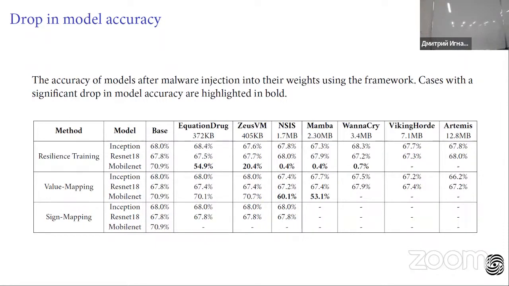On the small ones there is a significant drop of the accuracy. For the value mapping, the drop of the accuracy for the small ones is way better. For the large and medium, with percent mapping, there is no drop of the accuracy, but because we need a large number of parameters, the method cannot embed much of the payload.